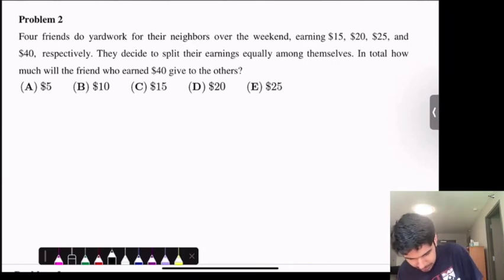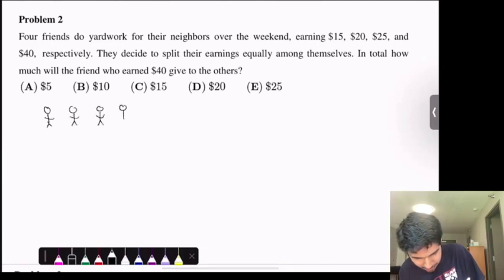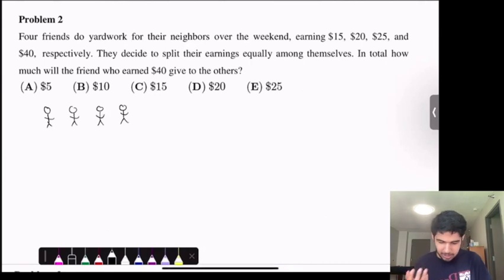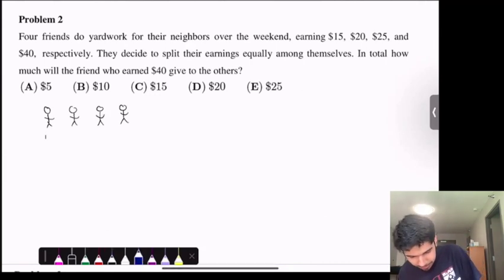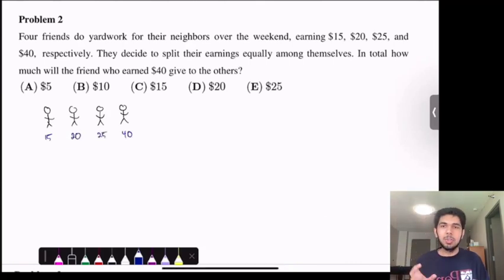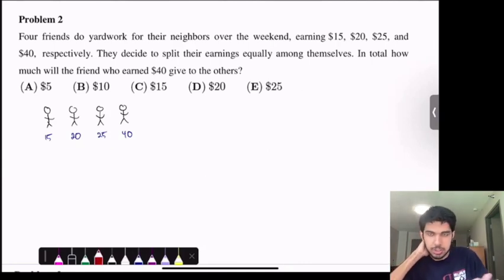Let's say we have person 1 here, person 2 here, person 3 here, person 4 here. And currently, they each have this amount of earnings as given in the problem. And so they're going to take all of their earnings and somehow divvy it up once again. But the main thing is each of them should have an equal amount of money after the split.